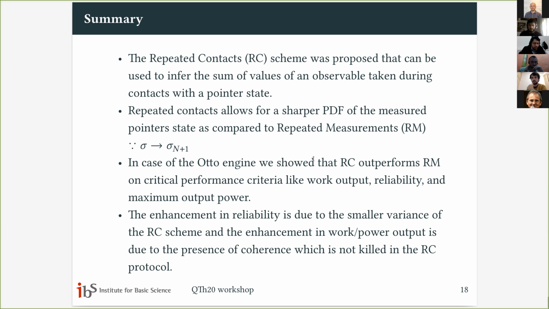In the case of the Otto engine, running over N cycles, what we found is that this repeated contact, since it lets coherences be preserved in the system, gives a much higher power output as compared to repeated measurements, which kill these coherences. And also the reduced spread helped in getting better reliability for the repeated contact as compared to repeated measurement. So with that, I would like to thank you all for listening, and if you have a question, I would be happy to answer.